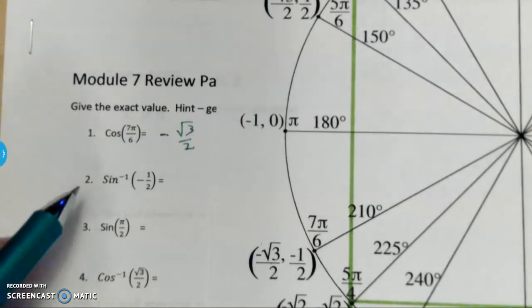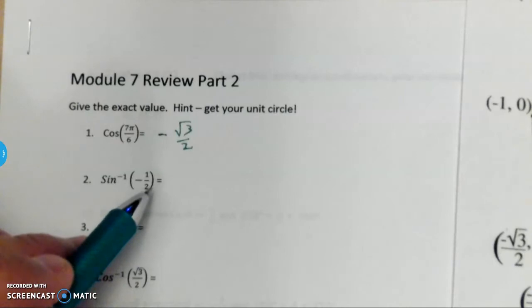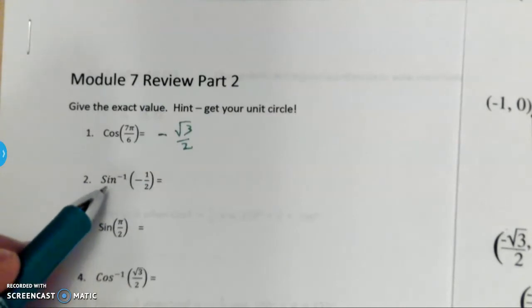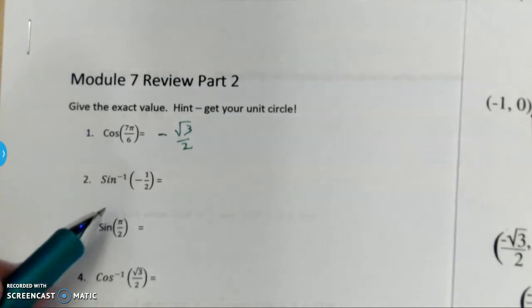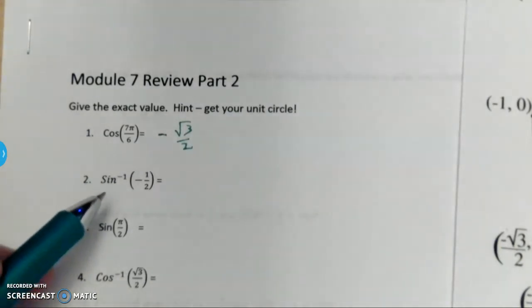Now the next one, number 2, they want the inverse sine of negative 1/2. Here they're giving you the ratio, and they want you to tell them the angle. Since it's a unit circle, you'd think they might want the angle in radians, but radians or degrees would be fine.